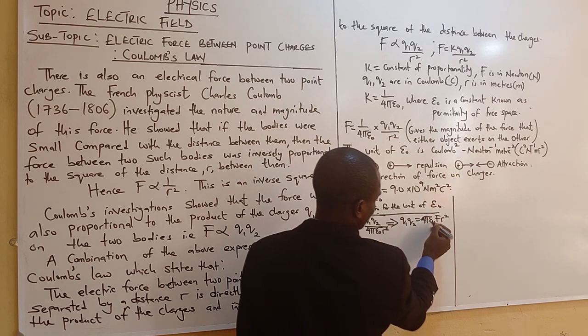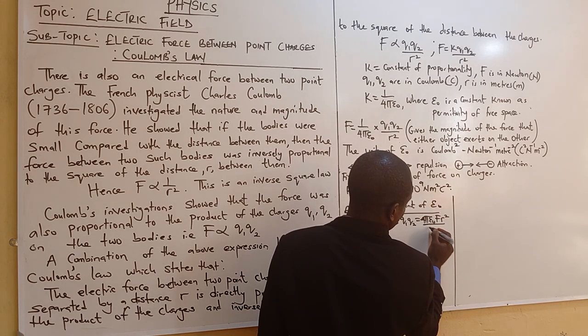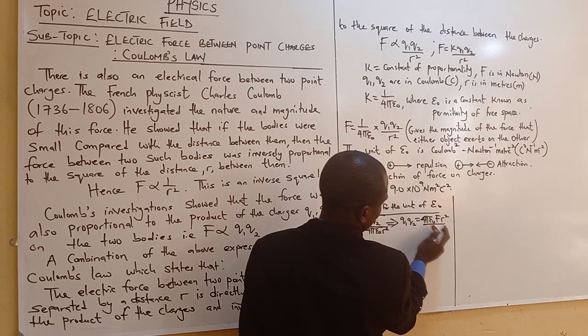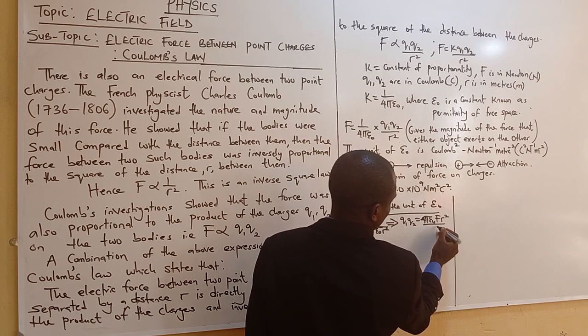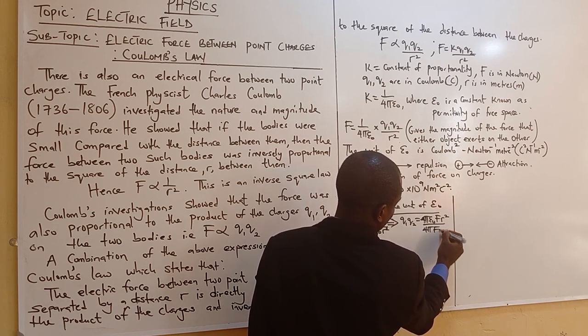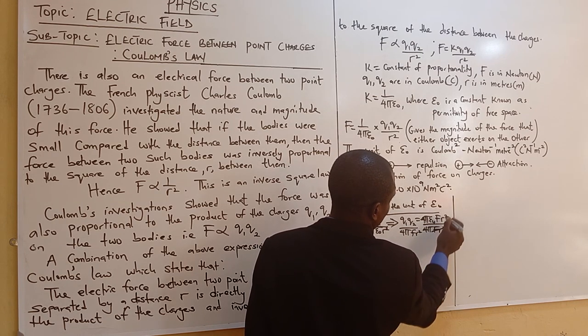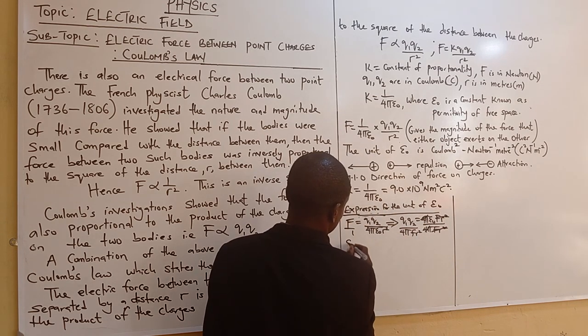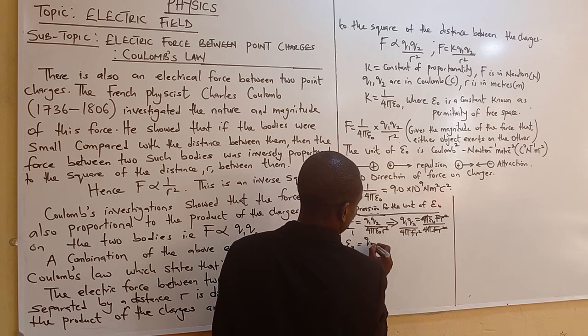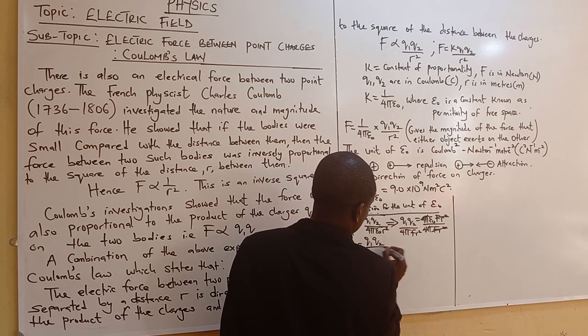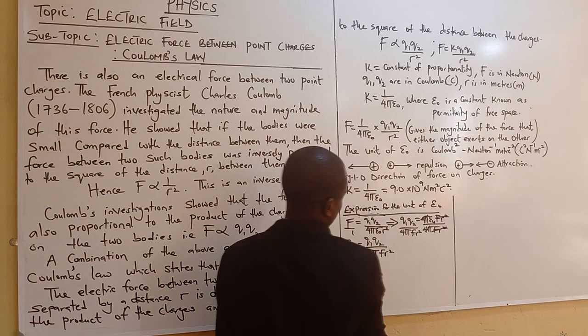We are looking for epsilon naught. Divide both sides by 4 pi F r squared. This one cancels this one. You are left with epsilon naught equals Q1 Q2 over 4 pi F r squared.